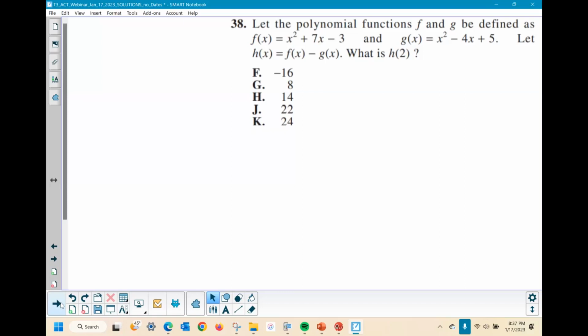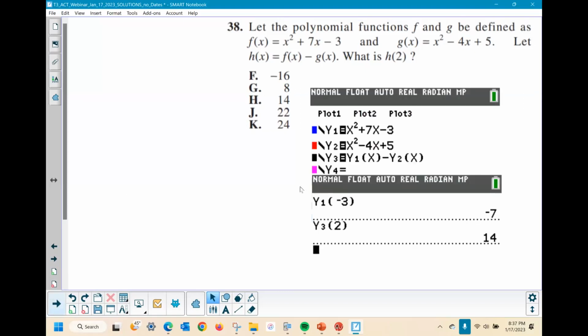For this one on the 84, I typed f into y1 and g into y2. And then y3 was the difference function, y1 of x minus y2 of x. Then I can just evaluate y3 at 2, which is really 8.